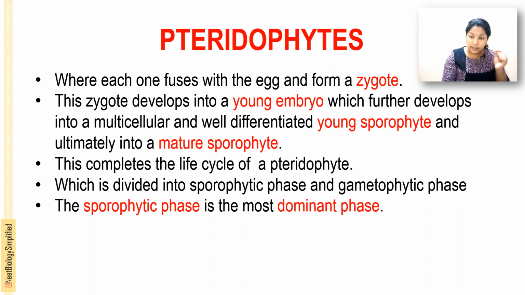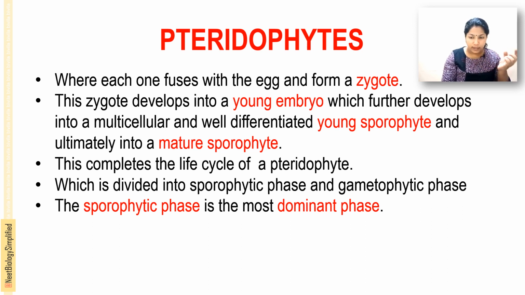The zygote initially develops into a young embryo, which further develops into a multicellular and well-differentiated young sporophyte, and ultimately into a mature sporophyte.